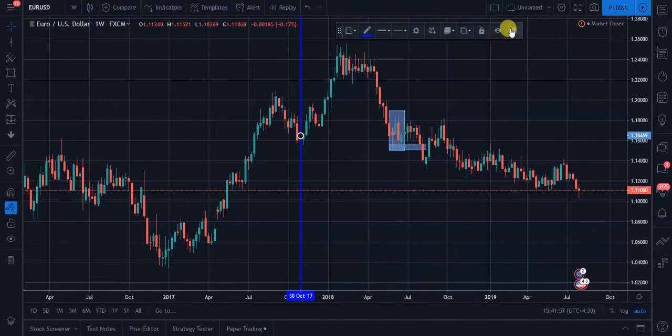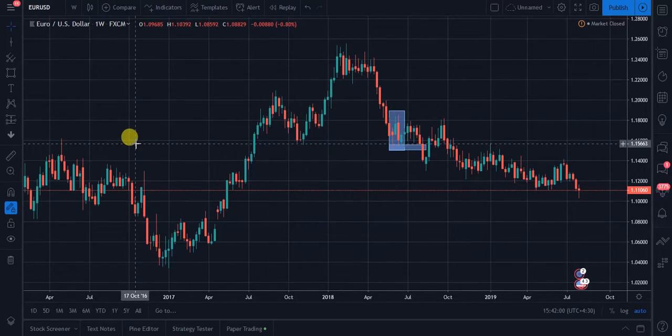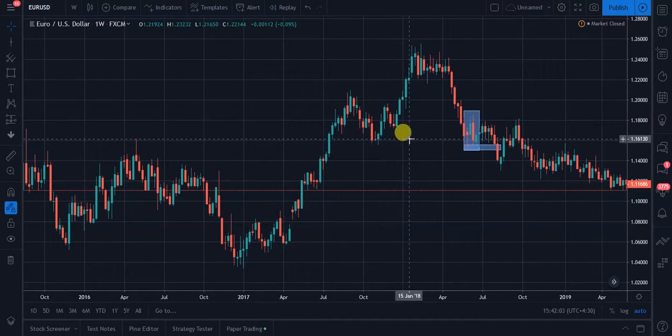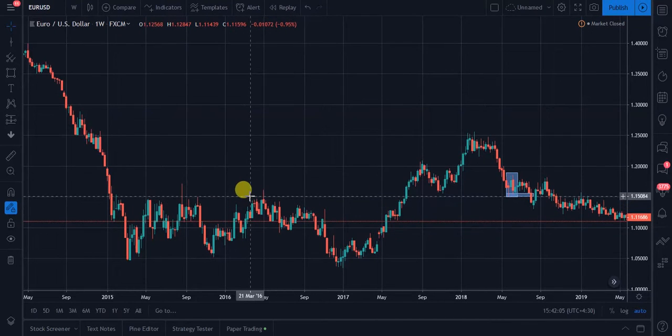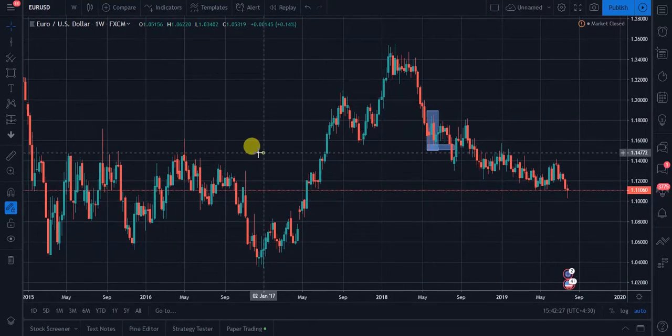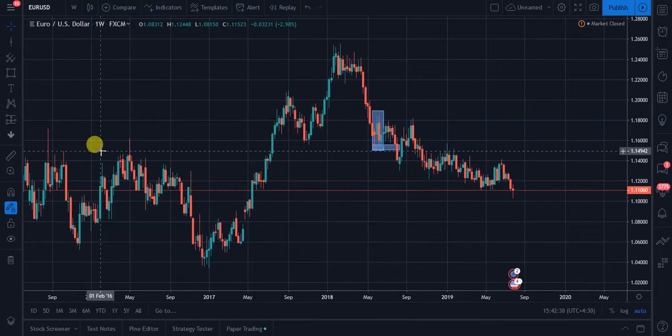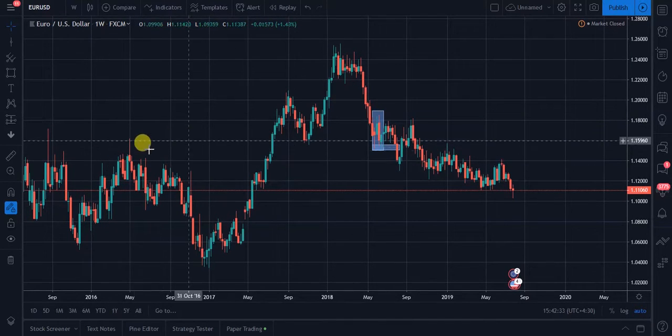So guys, besides this we also have another support here, but this is resistance. But now here we have support at this level. For example, here is resistance, highs: one high, two, three, four from the past, and now this resistance changed to support in the future.